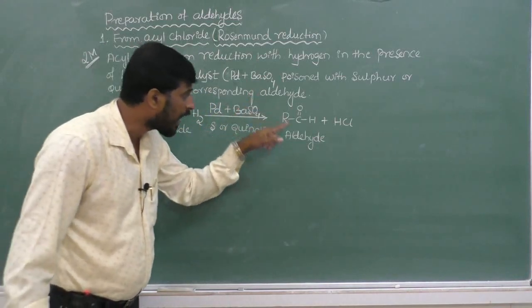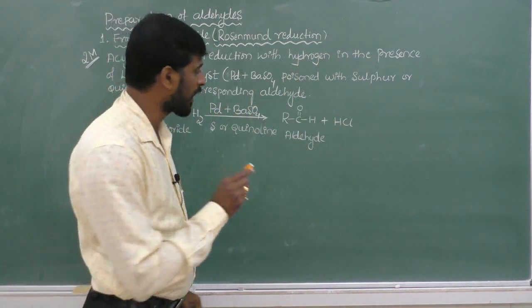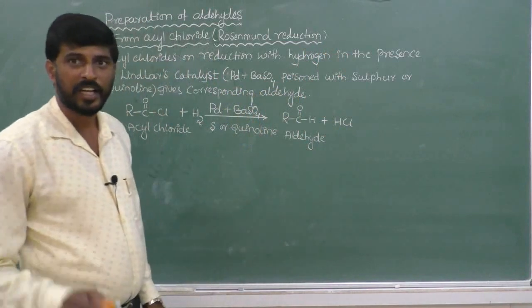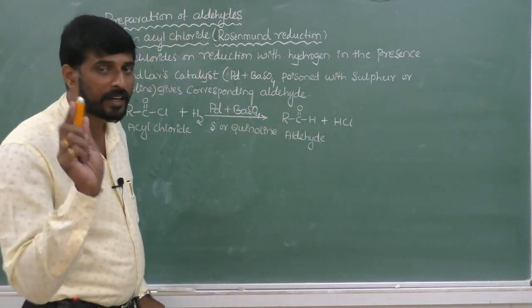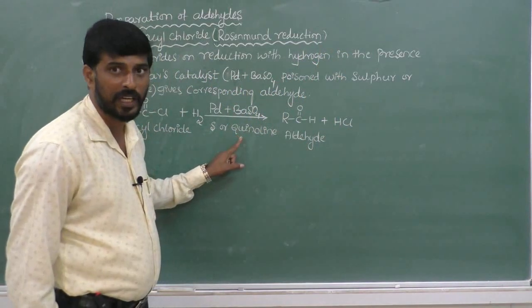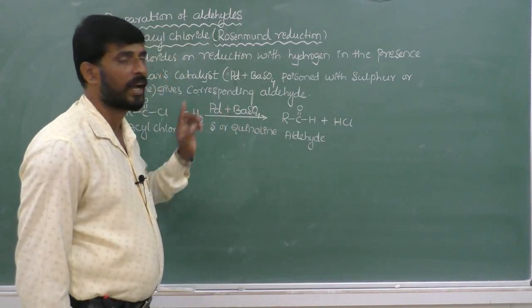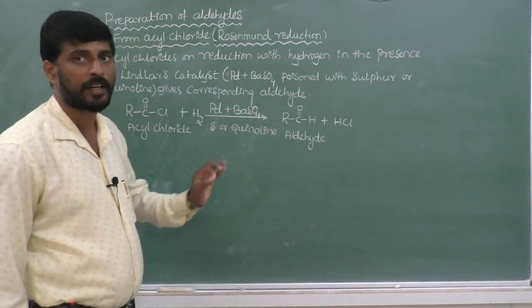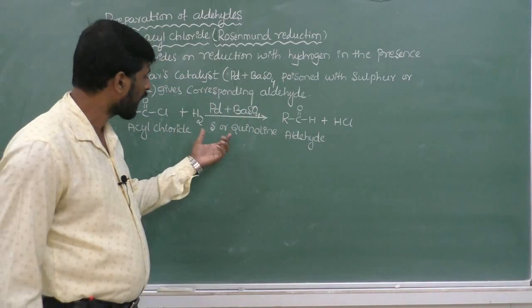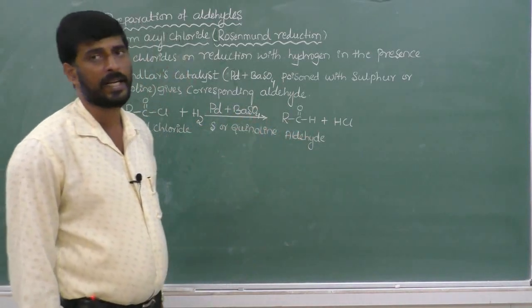Then this aldehyde undergoes further reduction and gives the corresponding alcohol. In order to avoid the further reduction, you have to use sulfur or quinoline, which poisons the catalyst, so that further reduction is prevented. That is why sulfur or quinoline is added.